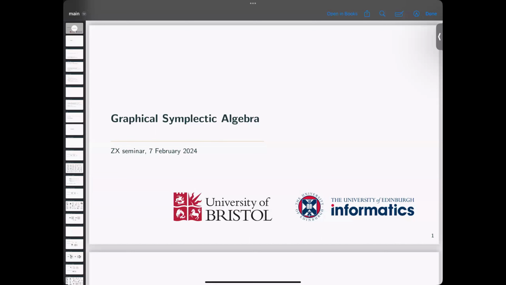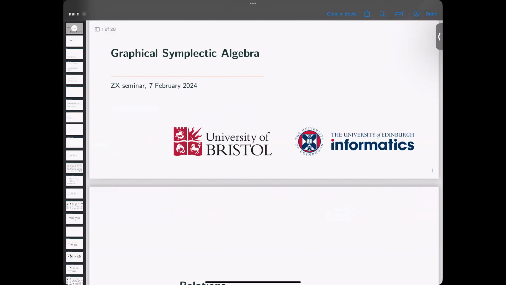Sort of taking some of the results that each of us had obtained, either in the setting of ZX calculus for odd prime dimensional systems or for generalizations of graphical linear algebra, and putting them together in order to prove a completeness result for a category which we call affine Lagrangian relations, and I'm about to define in a second, which turns out to be surprisingly versatile in context to express a very wide variety of physical systems.